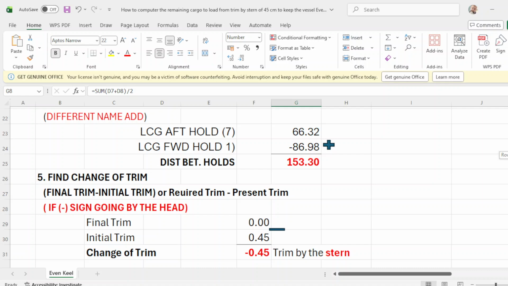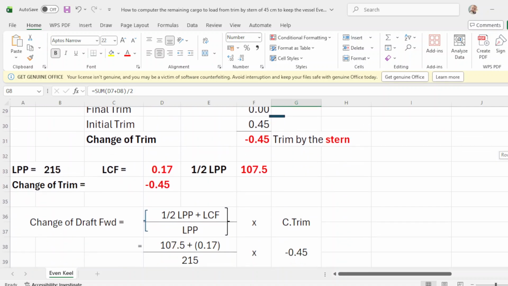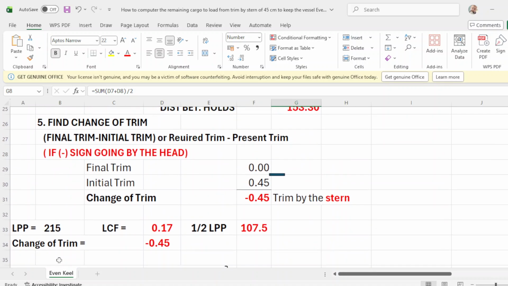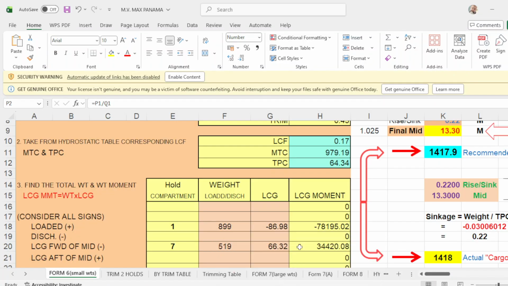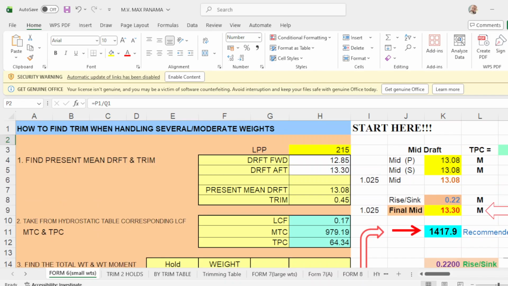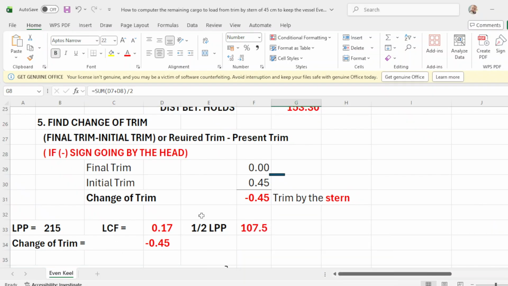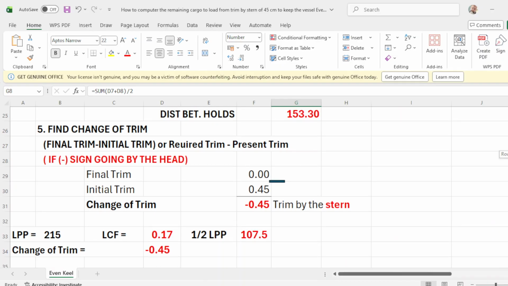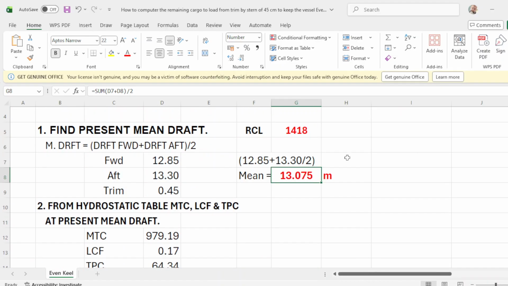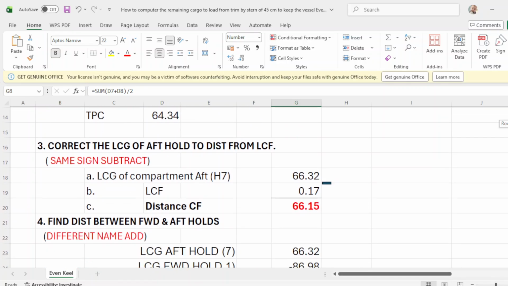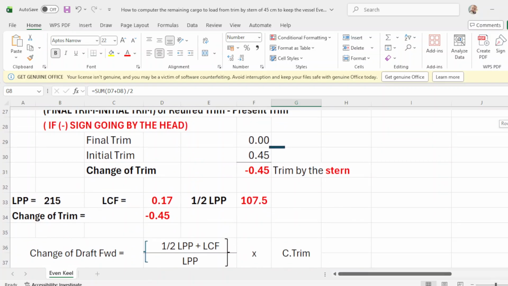Then some information, ship's LPP is 215, which is this one. LPP is 215. Your LCF is 0.17.